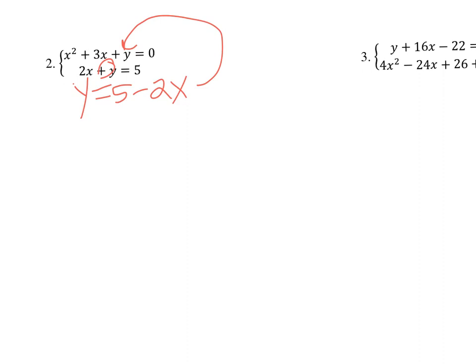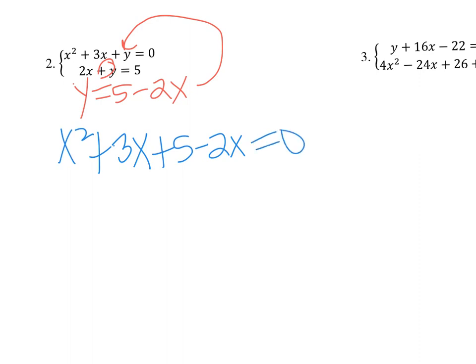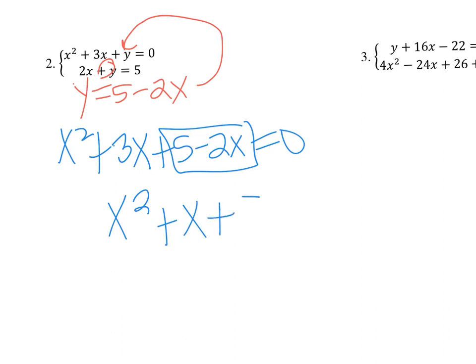So we'll have x squared plus 3x plus 5 minus 2x equals 0. So all of this came from that y earlier. We plugged it in for y. So when I combine like terms then, I'll have x squared plus x plus 5 equals 0.